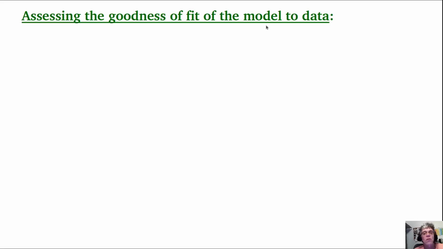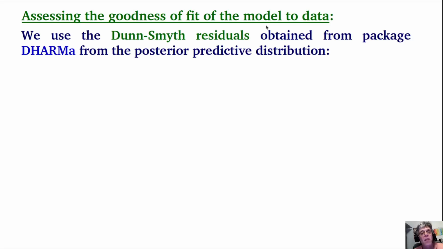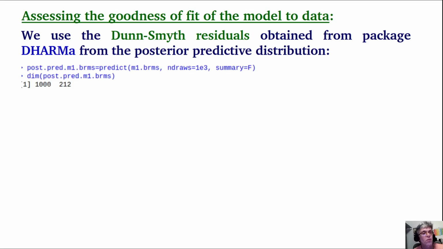We can assess the goodness of fit of the model to the data by calculating the Dunn-Smyth residuals, which can be obtained from the package DHARMa using the posterior predictive distribution. First we obtain the posterior predictive distribution. We obtain 1000 draws, therefore we have an object that has 1000 rows and 212 columns.